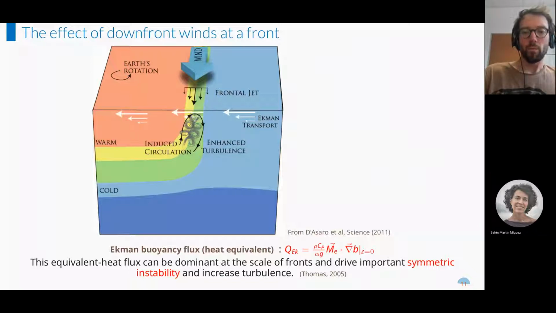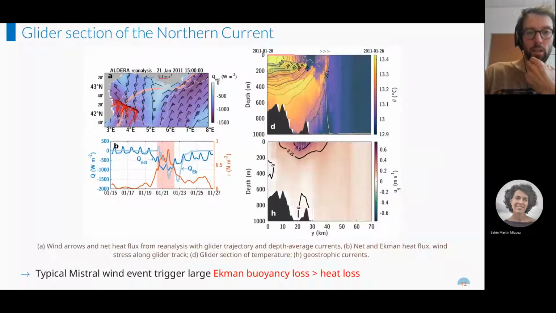So this is the work that we've done to characterize the effect of winds on the Northern Current front. And here you have an example of the sections that cross the Northern Current near the Gulf of Lion during a very strong wind event, a strong northerly Mistral event.